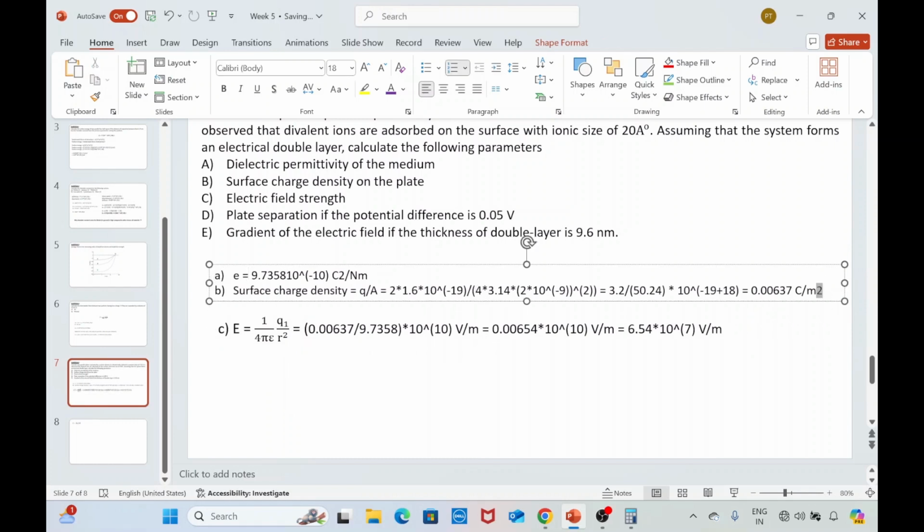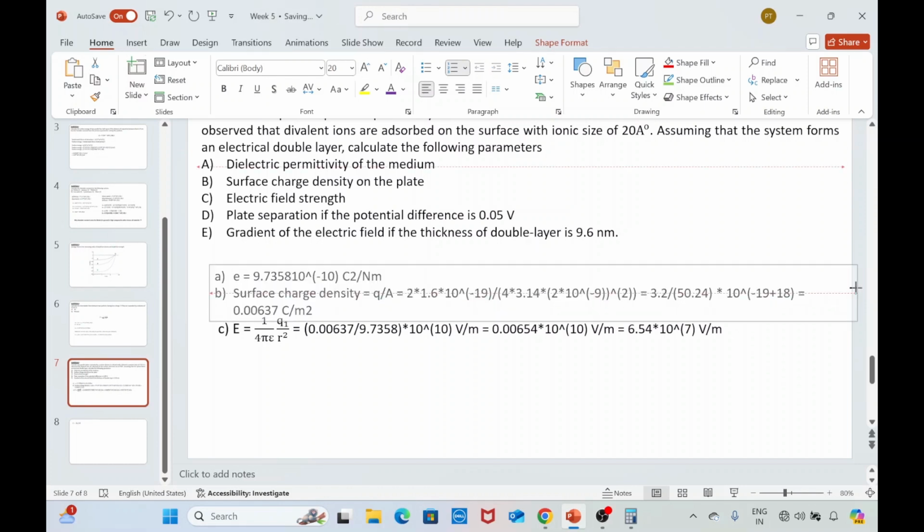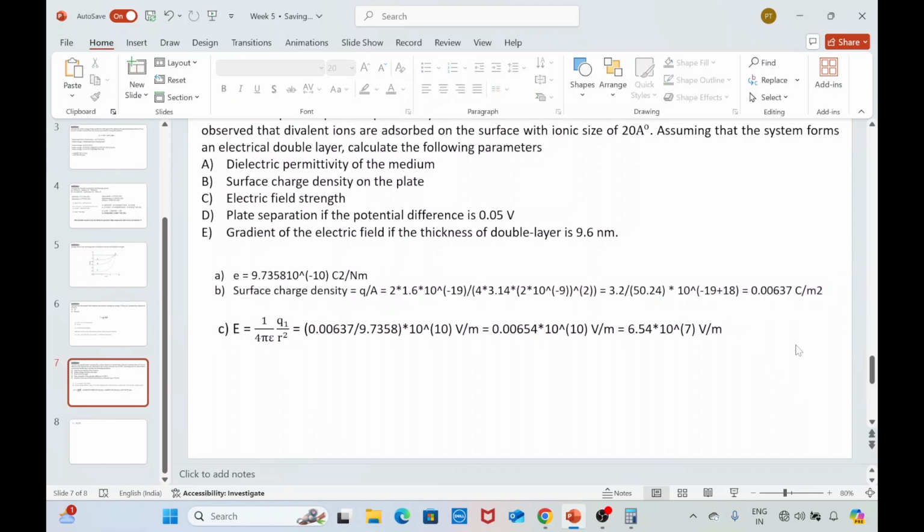If you have any doubts, then please ask, or otherwise we can go for the 2 parts that are left out. That is your subdivision D and subdivision E. So here we need to actually introduce one concept that is called the potential difference.